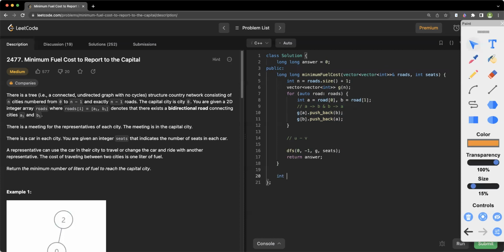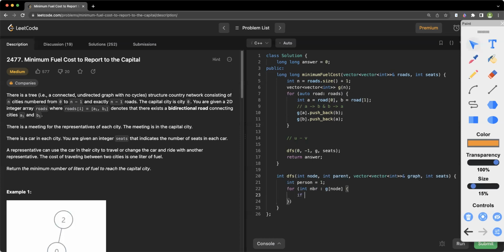DFS returns the number of people, right? So it is an integer. DFS takes int node, int parent, and vector of vector of int graph, which we can pass by reference, and then the number of seats. Initially at a node we have one person, so persons is 1, and now we iterate over the neighbors of node.